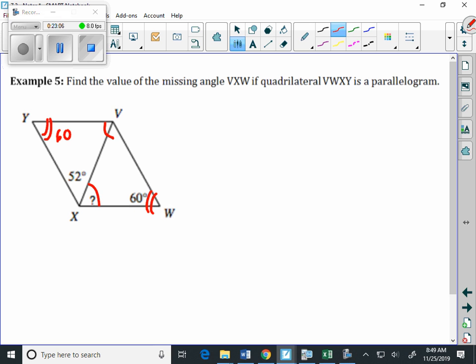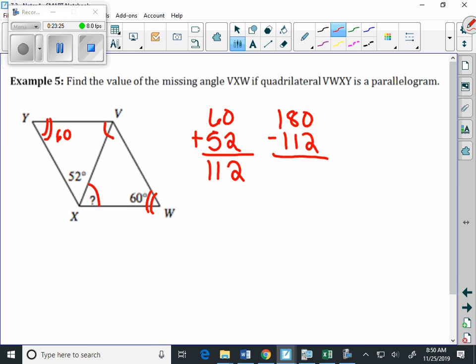We can take 60 plus 52 and get 112. And then we can take 180 minus 112. The reason that we picked 180 is because there's 180 degrees in a triangle. And 180 minus 112 is 68.